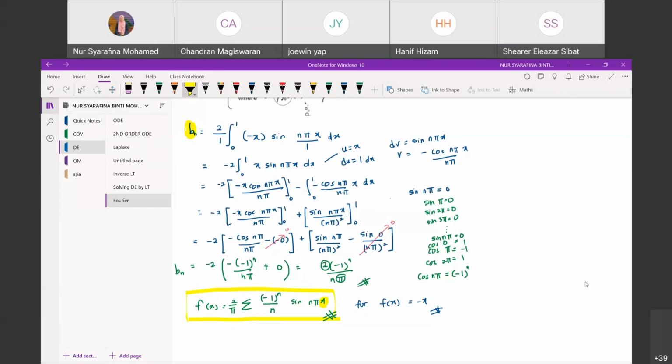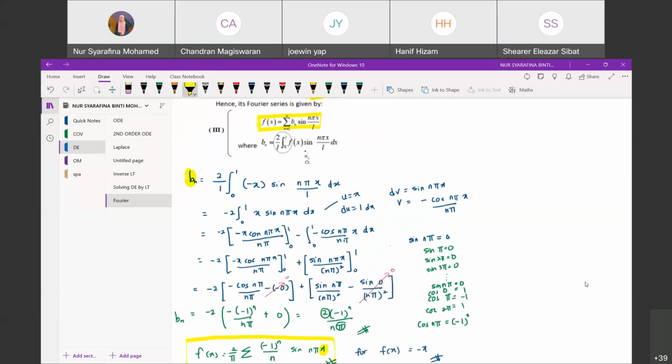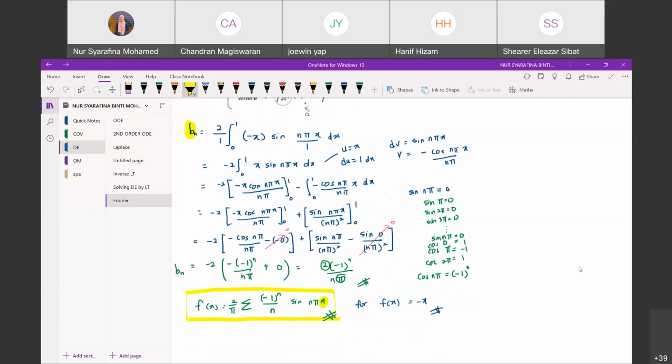Oh, that's why, I was wondering what that meant. Okay, this one, we have to follow the Fourier series, n pi x over L. Not A, sorry. So actually this is n pi x over L. But you know that L equals 1, right? So just substitute 1. That's why we have n pi x only.